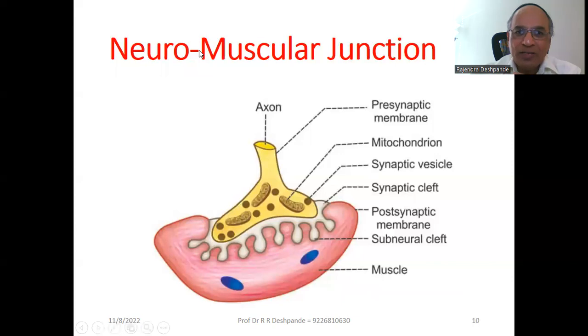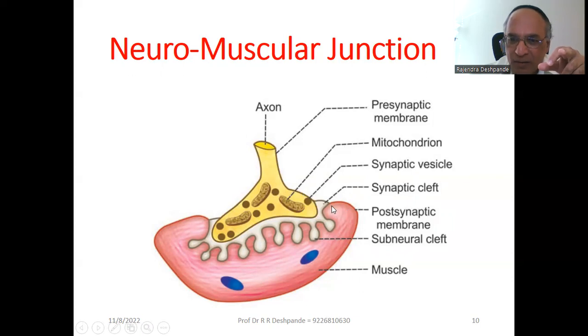Next, here you can see this is the axon, okay? Then this is the presynaptic membrane. These are the mitochondria, where energy is generated. Then these are the synaptic vesicles. What is the function? ACH, acetylcholine, is stored here. See the cursor, here it is stored.